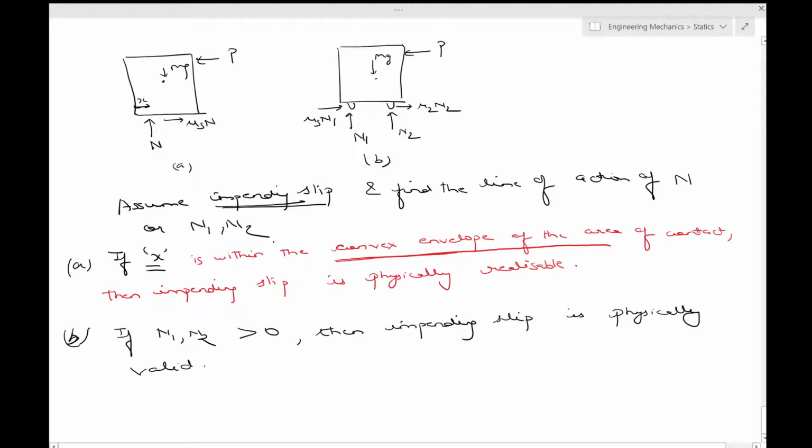Now if these conditions are not met, for example if x turns out to be negative, or N2 turns out to be negative, then there is tipping. So this is the strategy you must follow to decide what is happening, sliding or tipping.